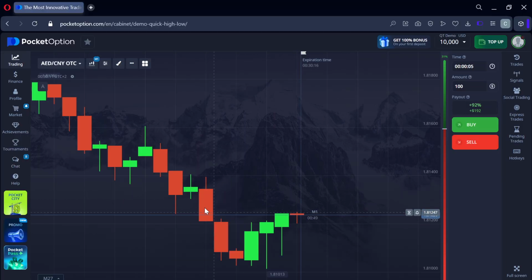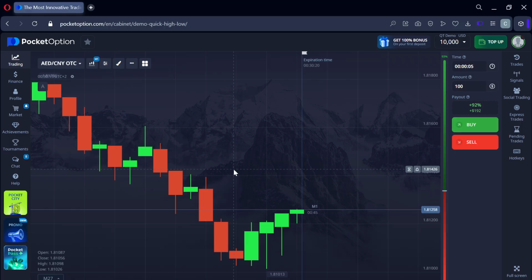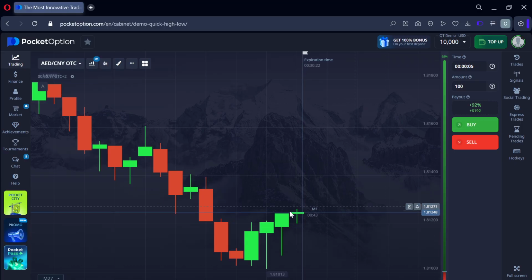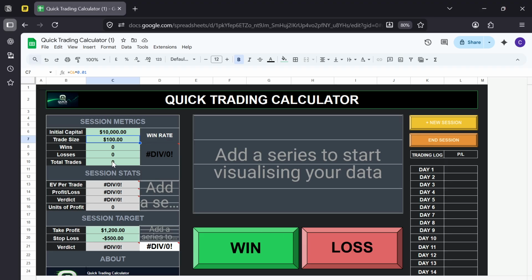If you don't have it set up like this, go back to one of the first two videos, and it will break down, I believe it's the basics of quick trading. It will break down how to set up your platform to look exactly like mine. You can see here, there's also wins, there's losses. You can calculate your expected value per trade. That's pretty much how much you are likely earning per trade that you're placing. You can calculate your profit and loss here as well.